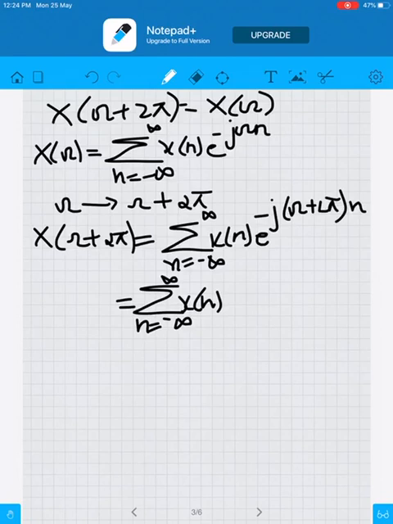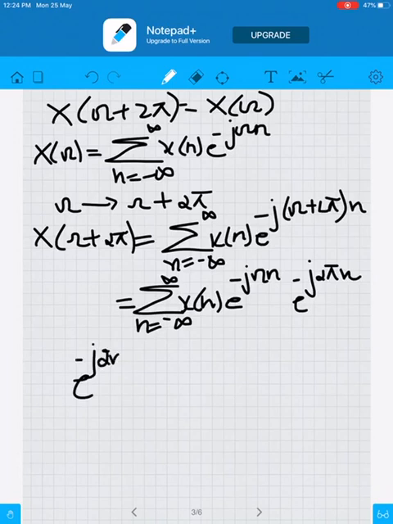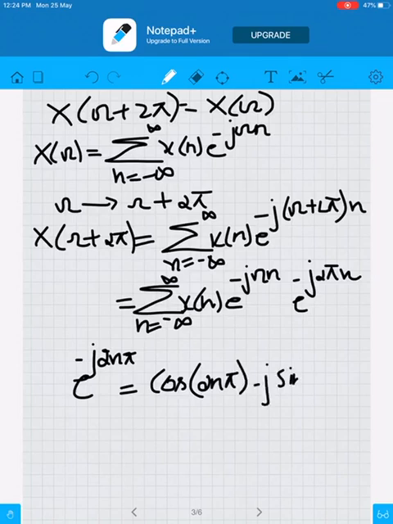Using laws of indices, I can write this as e power minus j omega n into e power minus j 2 pi n, or 2n pi. So let us see what this e power minus j 2n pi means. Using Euler's identity, I can write this as cos of 2n pi minus j into sine of 2n pi.